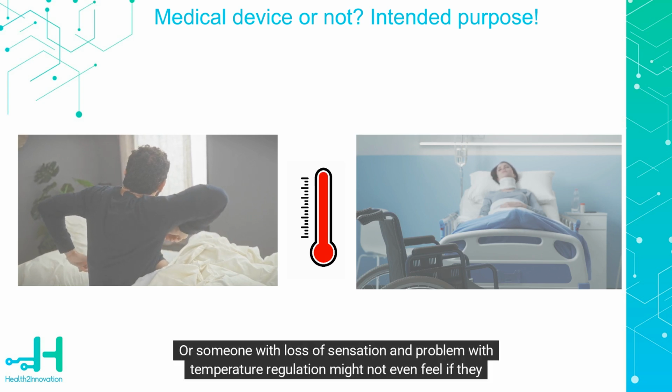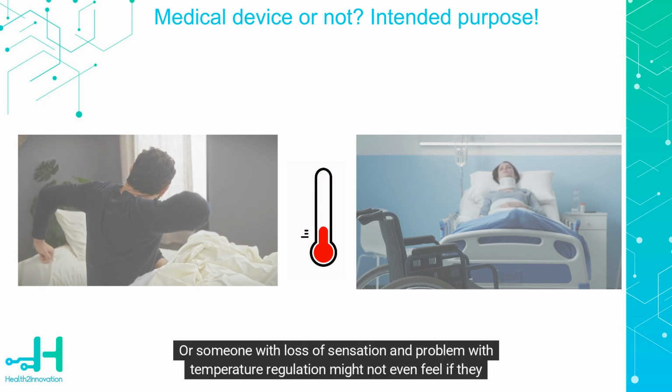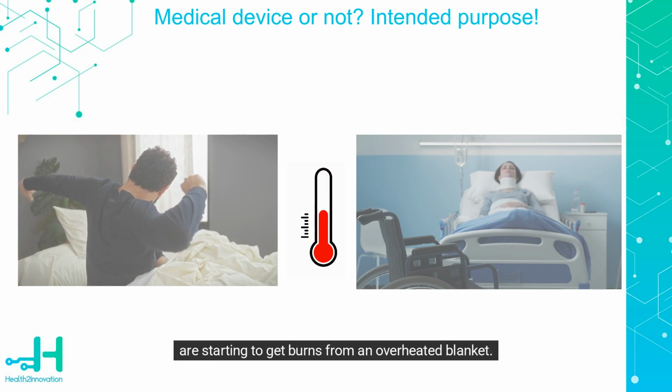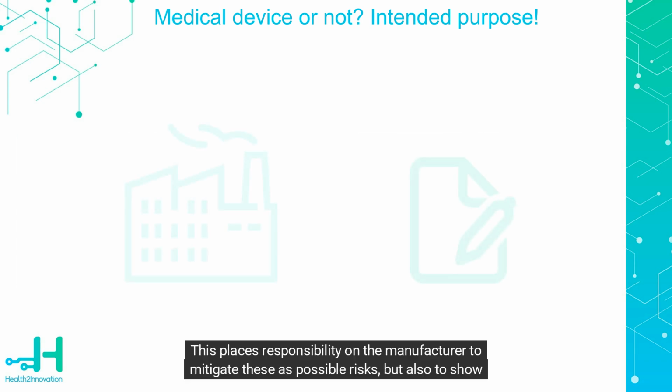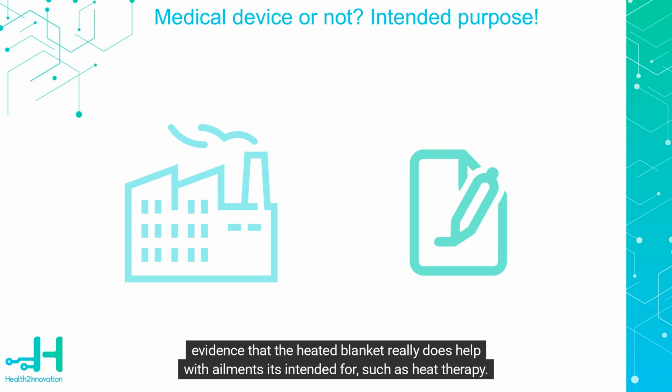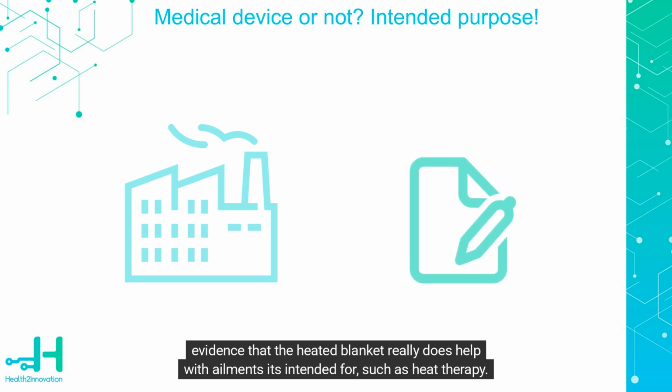Or someone with loss of sensation and problem with temperature regulation might not even feel if they are starting to get burns from an overheated blanket. This places responsibility on the manufacturer to mitigate these possible risks, but also to show evidence that the heated blanket really does help with ailments it's intended for, such as heat therapy.